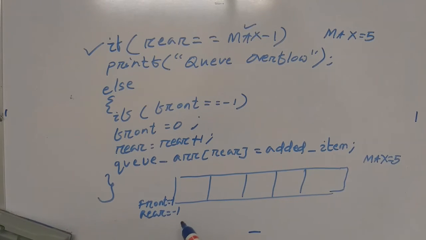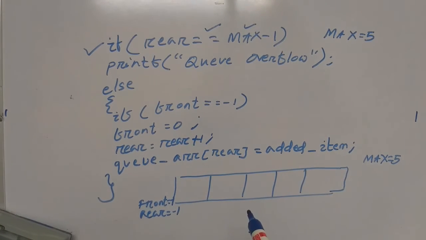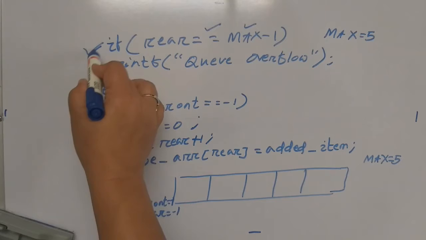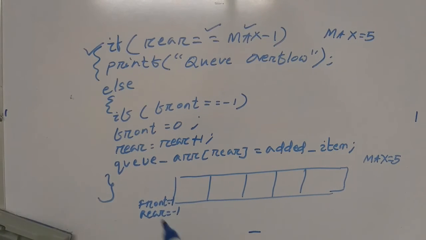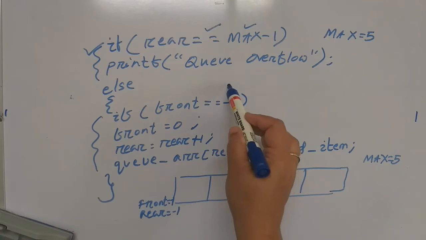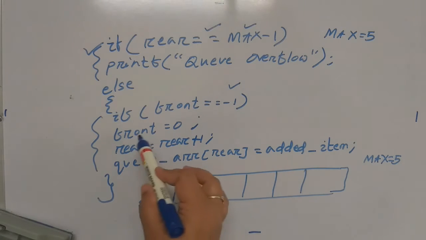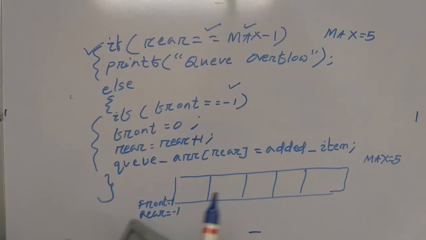So both are minus 1. So the if condition is not satisfied, and we go to the else condition. In the else condition, if front is equal to minus 1, yes, the front is equal to minus 1. So we make the front equal to 0.